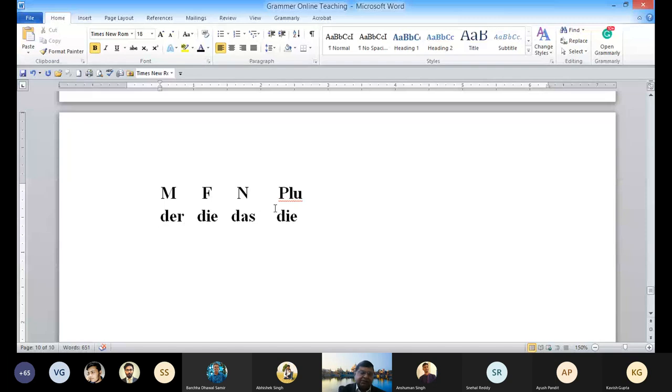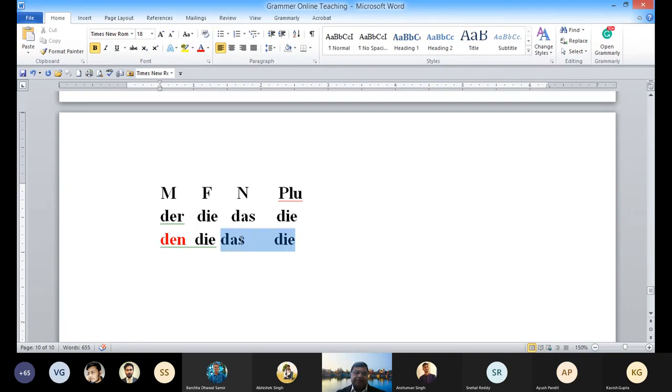And last class I explained that if any noun is an object, then one change is there. Only the masculine noun is getting changed, meaning the article is getting changed. So what change will you find here? Der, die, das, die - these articles will be used before the nouns which are used as subject.